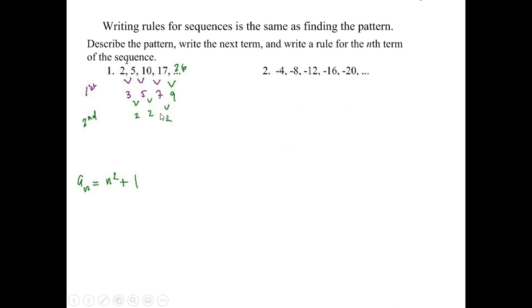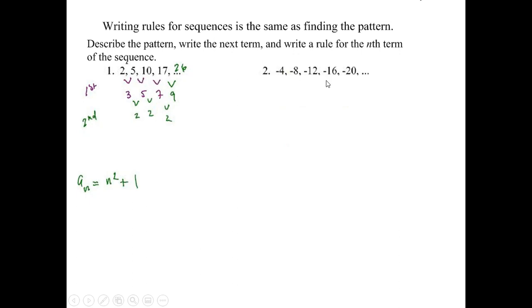And I could figure out that if a sub 1 is equal to 2, that would be 1 squared plus 1, so 1 squared plus 1 is equal to 2. 2 squared plus 1 is equal to 5. 3 squared plus 1 is equal to 10, and so on and so forth. So that's a rule for that pattern.